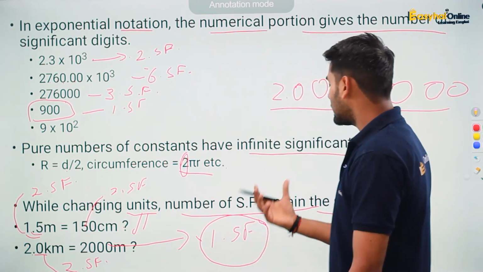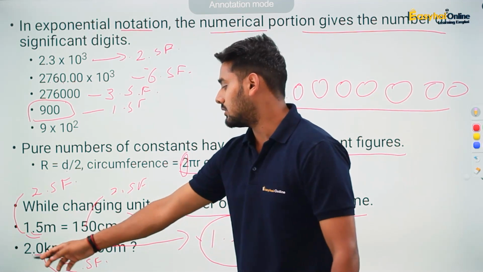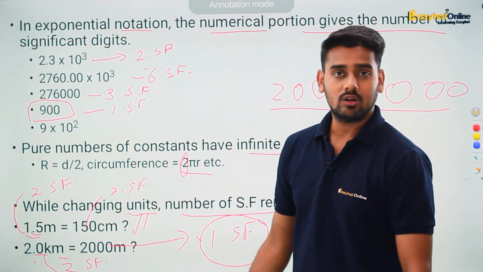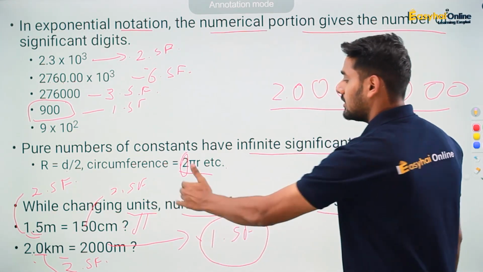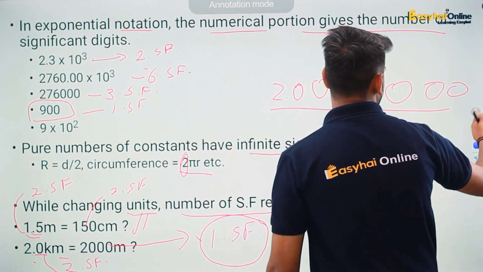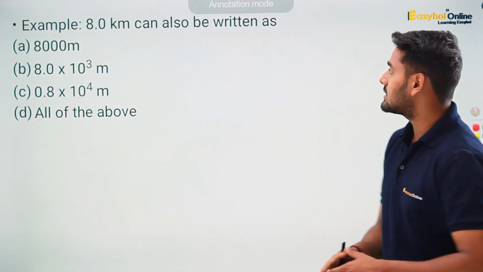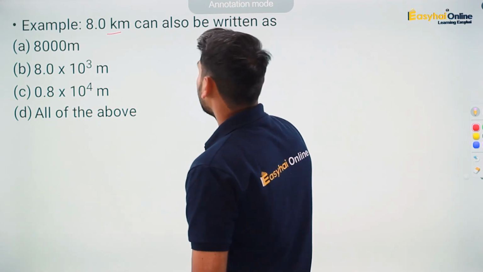So from the perspective of significant figures, this equation is wrong, because there are 2 significant figures over here and only 1 significant figure on the right hand side. Okay, so make sure that whenever you're converting or changing the units, the number of significant figures must not change.